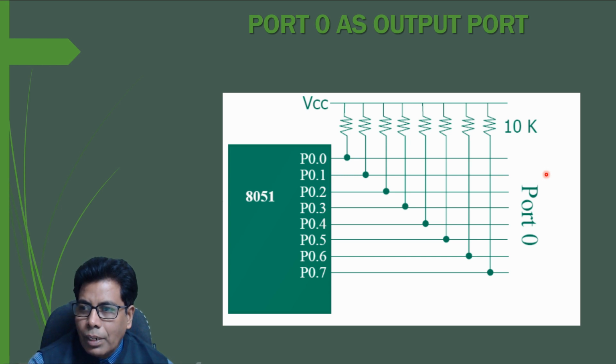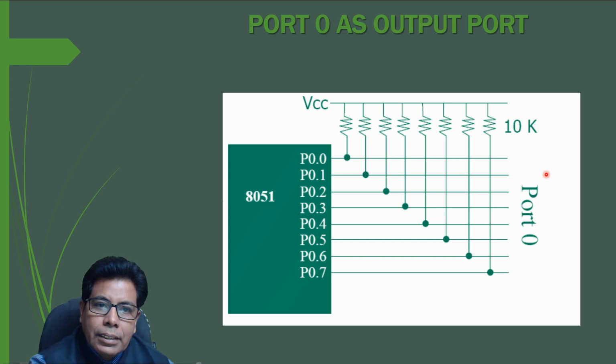Here we want logic 1 on the pin, but we are getting a floating value. So to convert that floating value into logic 1, we need to connect a resistor parallel to the upper FET. This is the reason why we need to connect pull-up resistors to port 0 when we want to use port 0 as an output port.